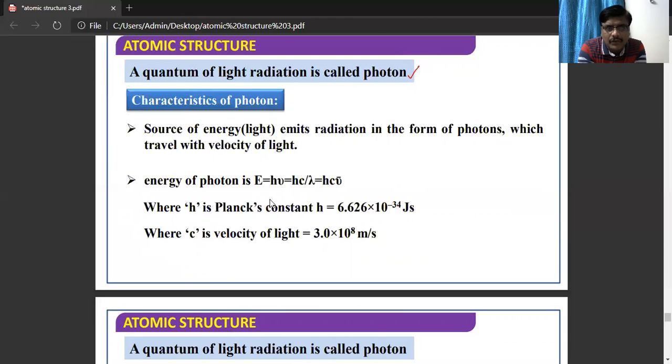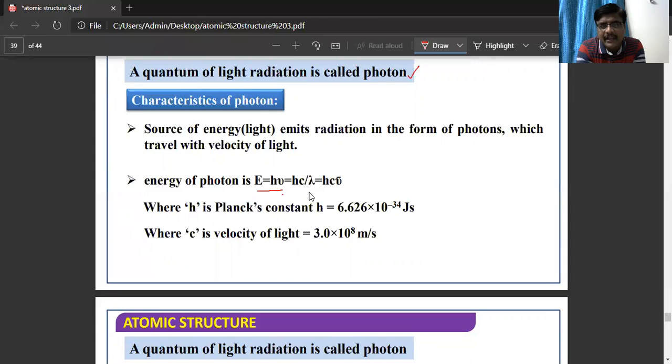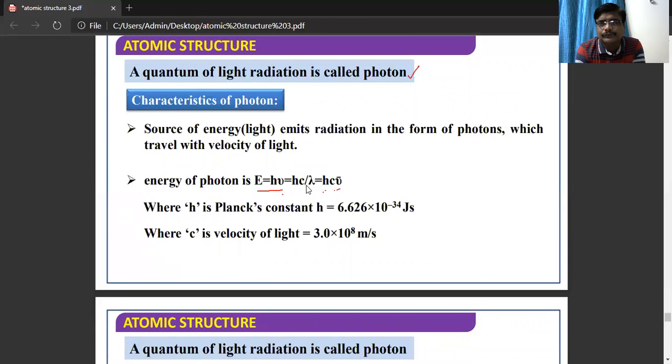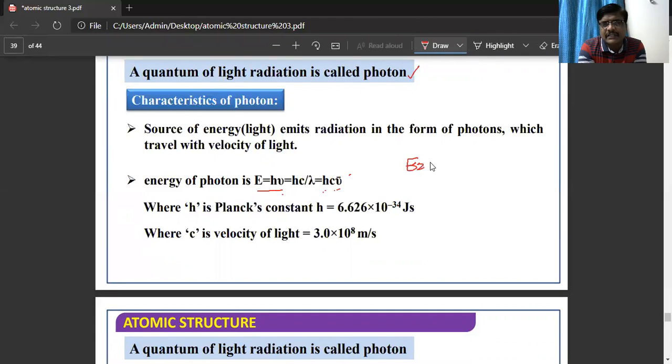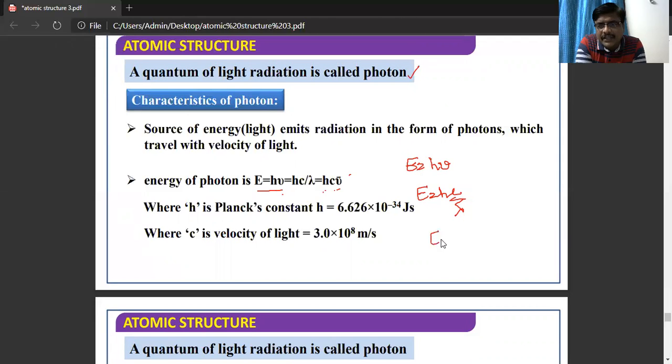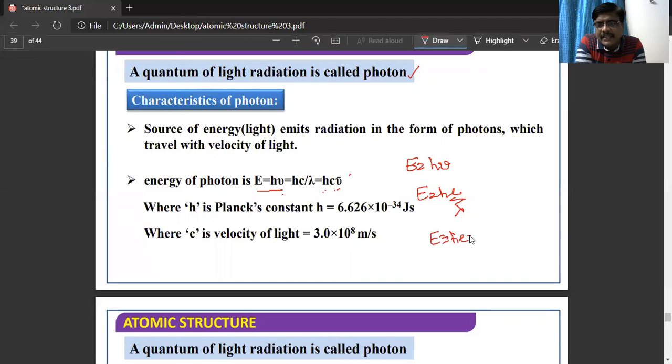The energy of a photon is equal to h nu, where nu is equal to c by lambda. So E is equal to hc by lambda. 1 by lambda is nothing but nu bar, so E is equal to hc times nu bar.